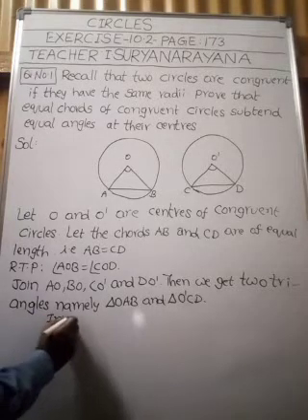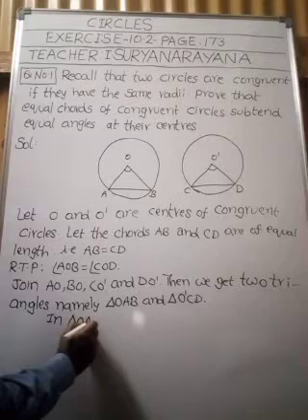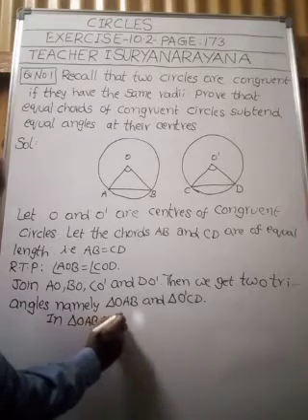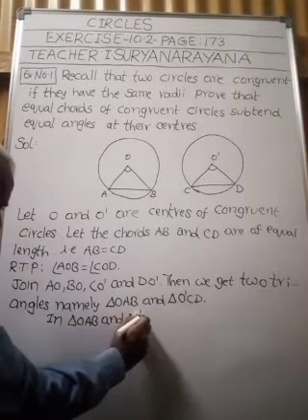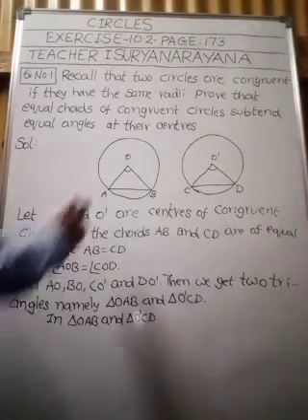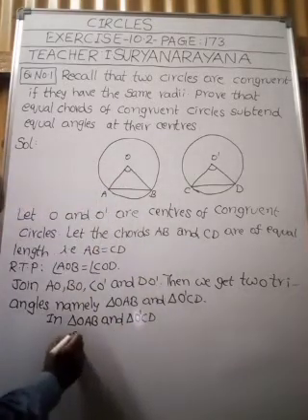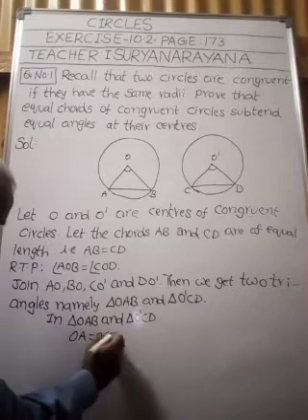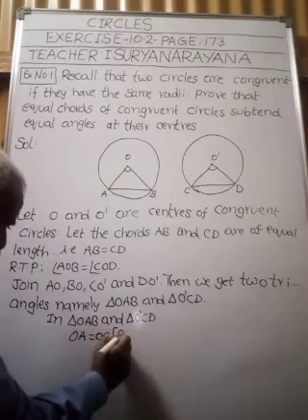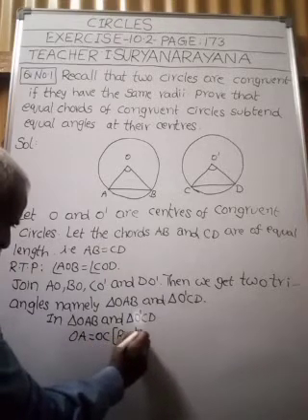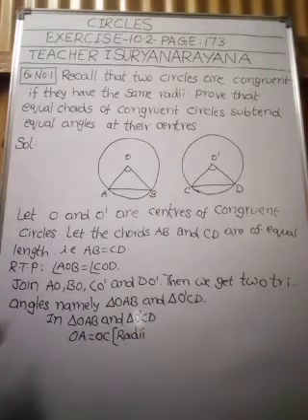In these two triangles, in triangle OAB and triangle O dash CD, OA is equal to OC dash. They are equal.